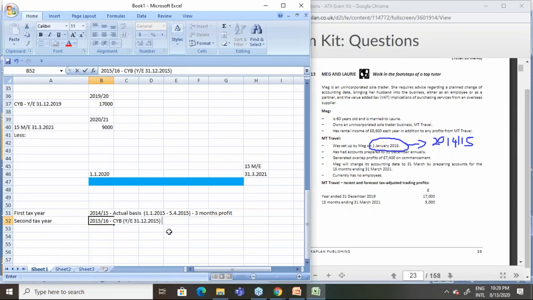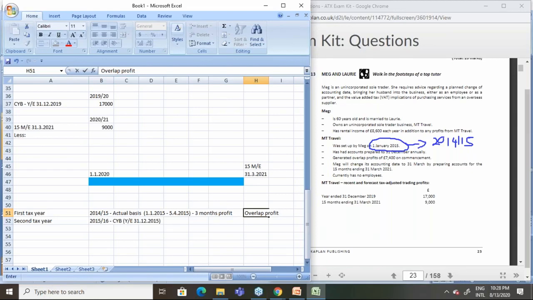Now this would have resulted in an overlap profit for 3 months. So this 3 months profit is included in the year ended 31st December 2015 computation. Therefore, this results in an overlap profit.